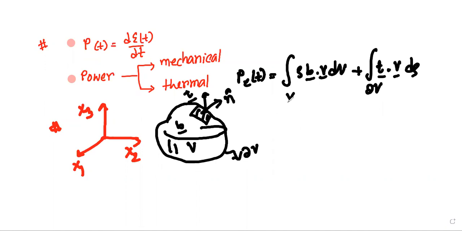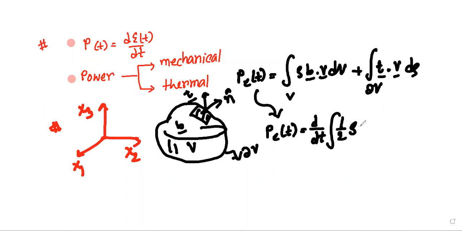This mechanical energy that is being delivered will cause a change in kinetic energy, the integral of rho v squared, plus the stress power transferred to the body, that is sigma contracted with D dV.